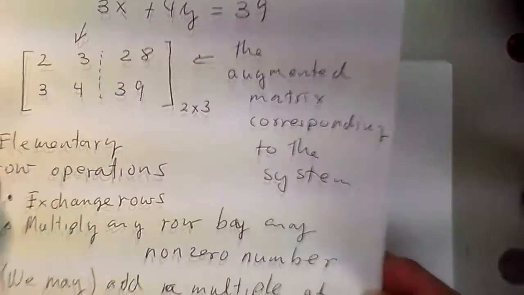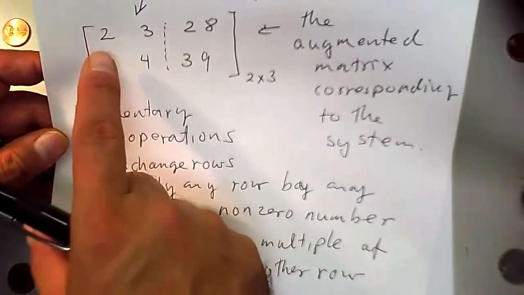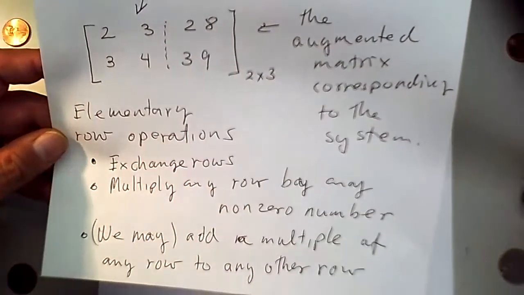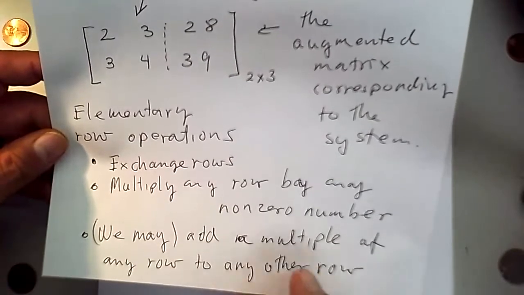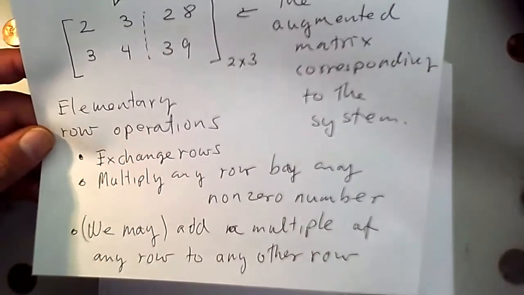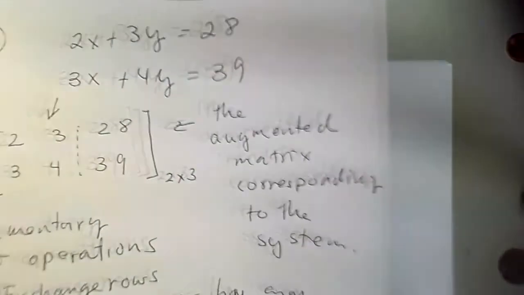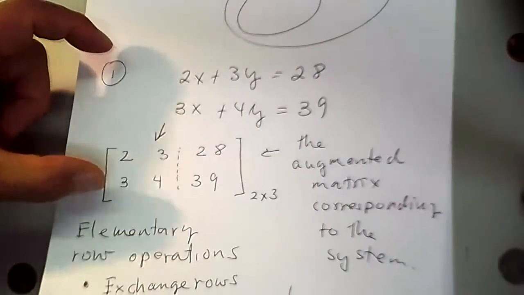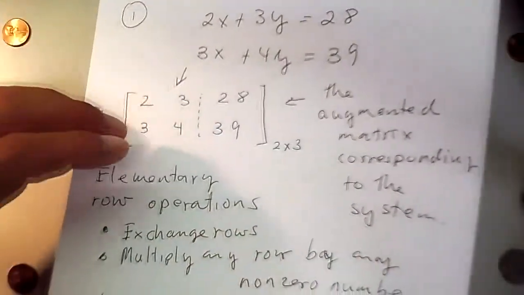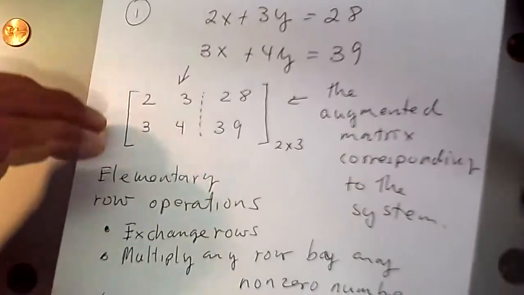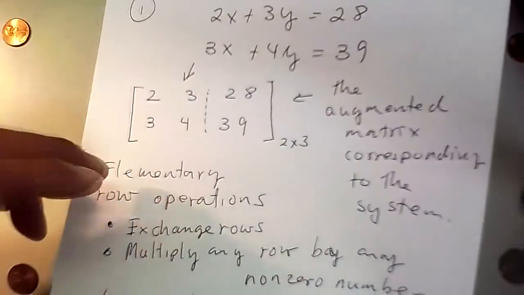Our goal for matrices like that will be to reduce them into row echelon form, or even better, row reduced echelon form. I'm kind of in the middle of an example while I'm showing you new concepts, so please bear with me as we go through an example while we're looking at new things.